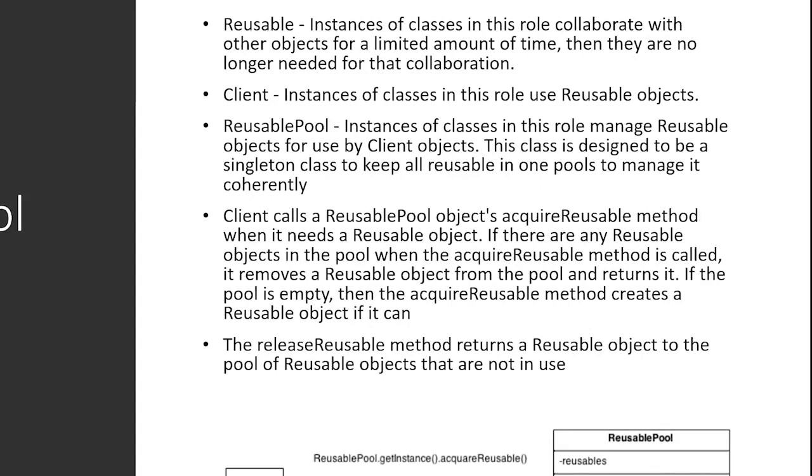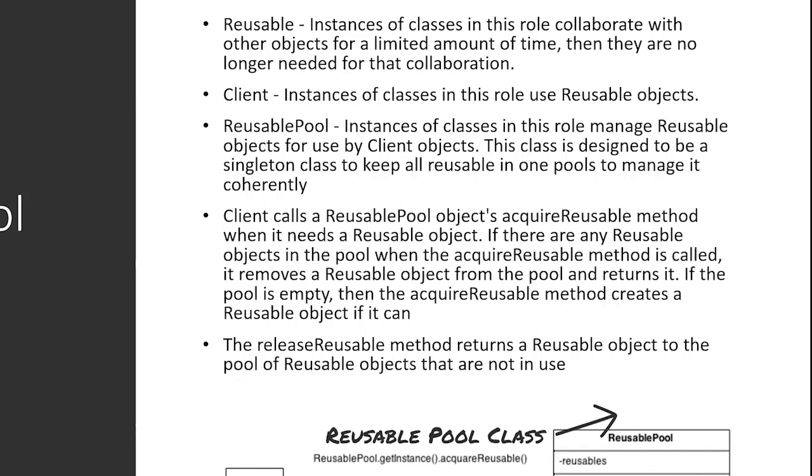So let's try to understand its structure. In the class diagram, you can see we have a reusable pool class, which will contain a finite number of reusables. Reusables are nothing but our objects. Here we can see two main parts: one is acquire reusable and another is release reusable.